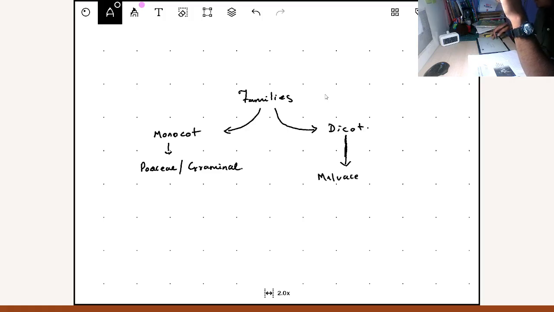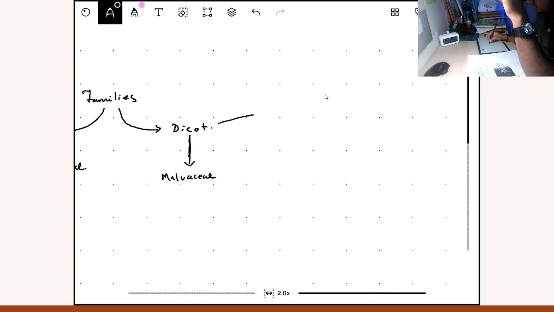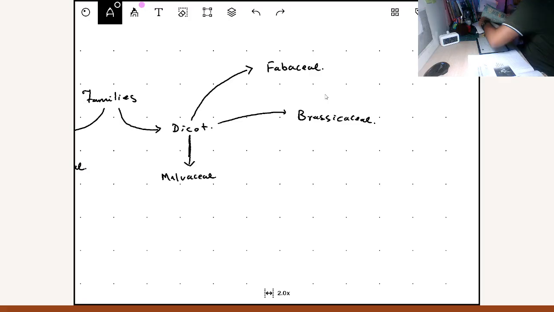Another one of them is going to be Brassicaceae. Another one is going to be Fabaceae. Another one is going to be Leguminaceae. No, Leguminaceae is not in syllabus. What is also there in syllabus? Oh, Leguminaceae is there. Okay.